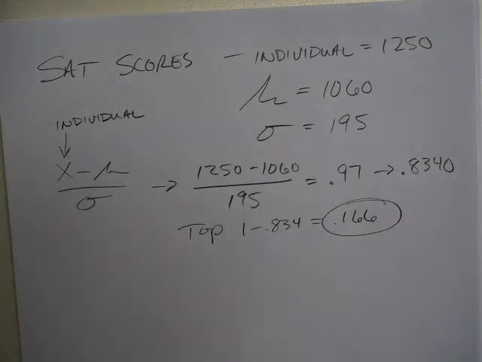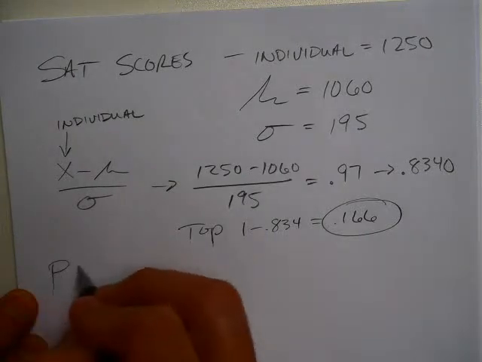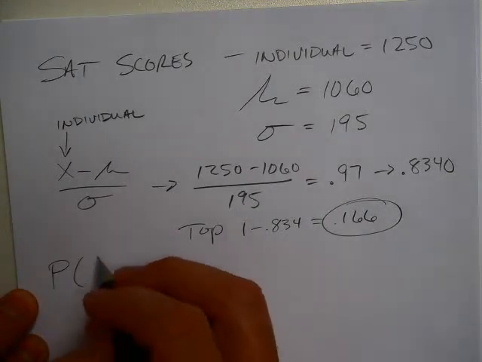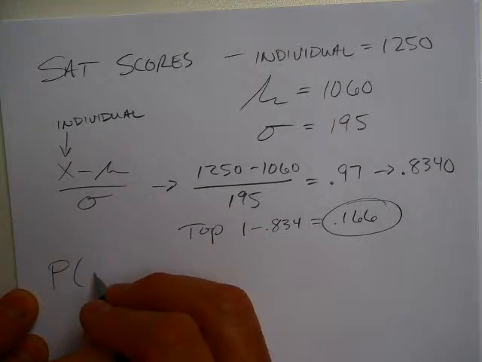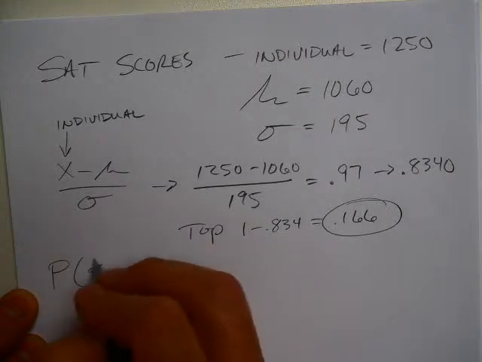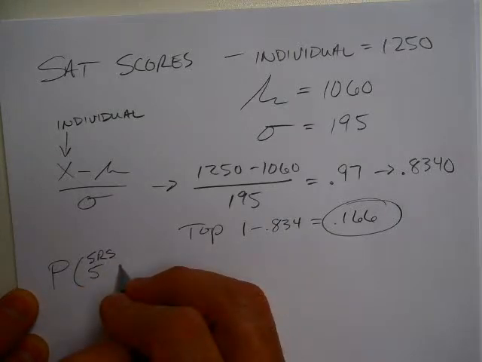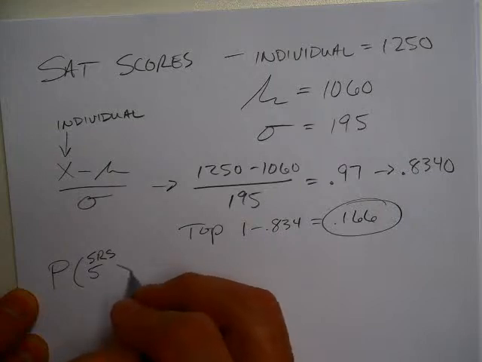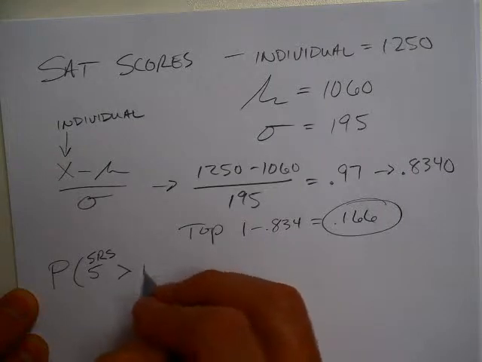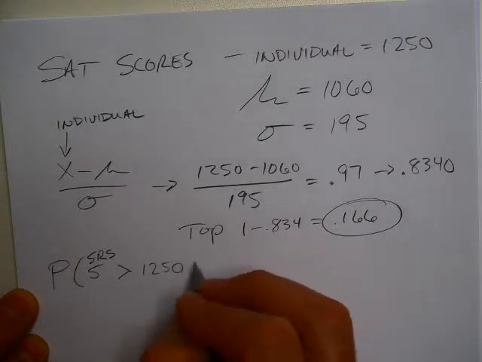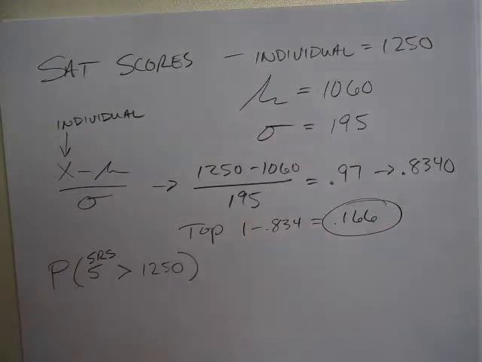Well, let's see. So what's the probability? Let's say SRS of 5 is greater than 1250. Their score is greater than 1250. That's not written real well, but that's the idea there.